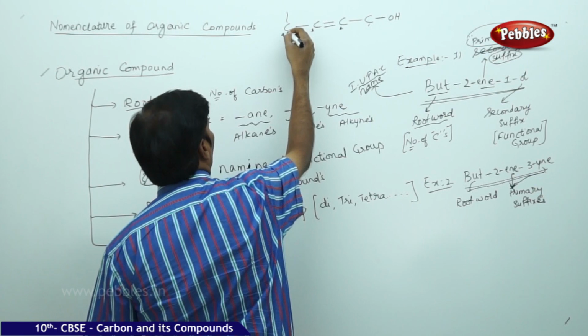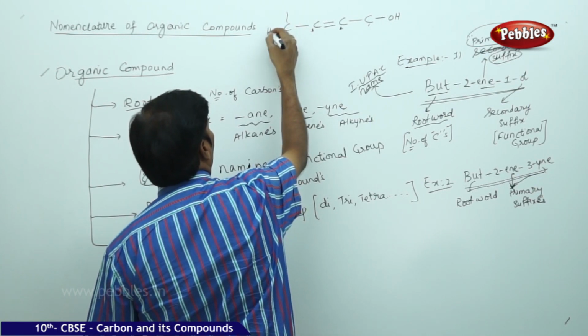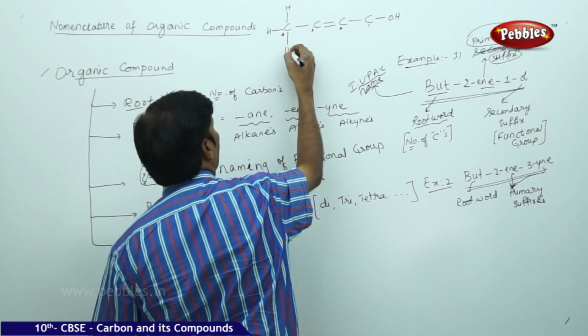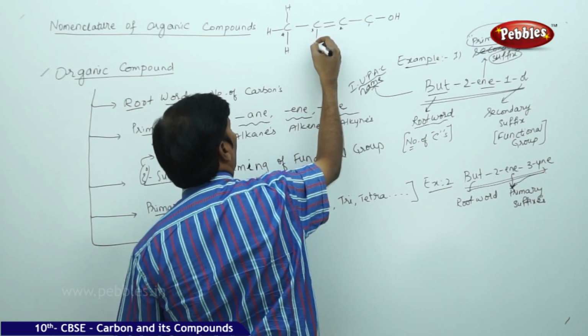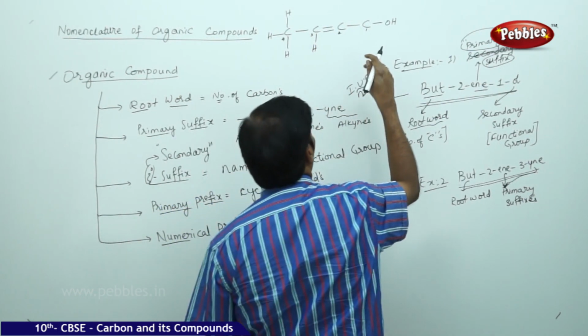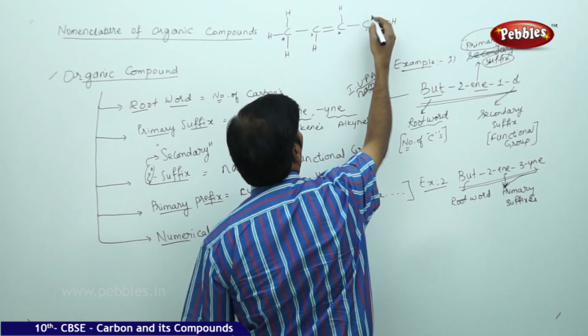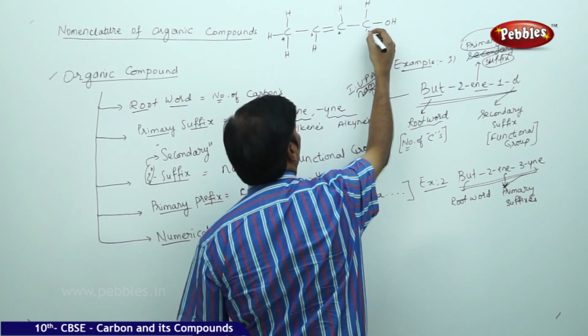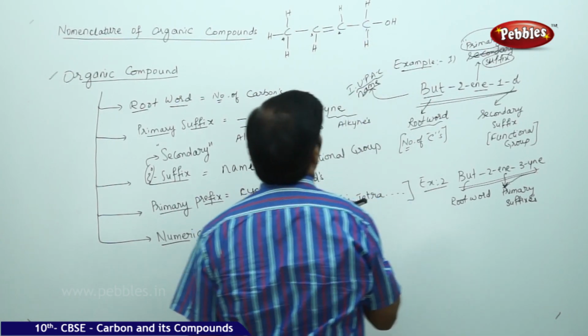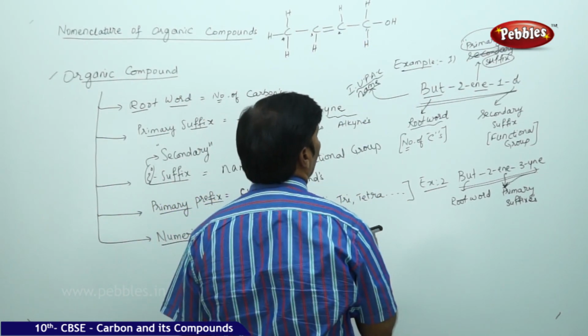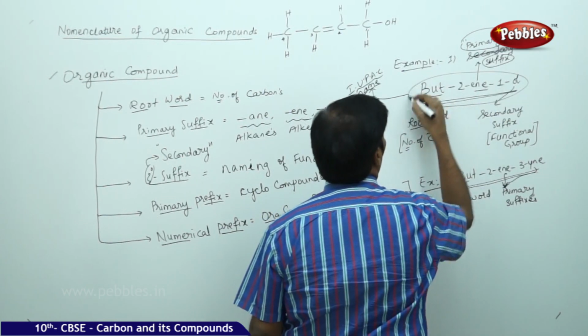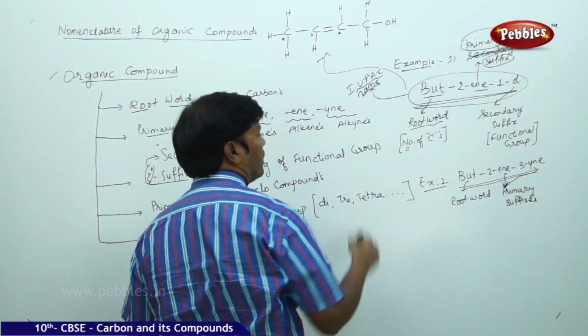So attach one bond here, one bond here. Three covalent bonds will come for the fourth carbon, and one covalent bond with hydrogen for the third carbon. Again one covalent bond with hydrogen for the second carbon, and one single bond hydrogen. This is the structure of but-2-en-1-ol.